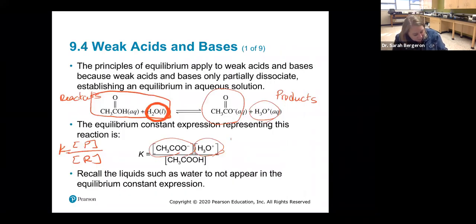So this is the dissociated and this is the undissociated, and we're going to get a K. But because it's an acid, we don't just call it a K, we call it a Ka. It just means an equilibrium constant for an acid. That's all it means. It's not a big deal.